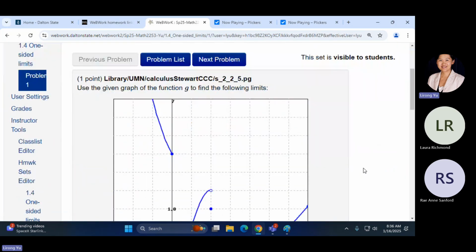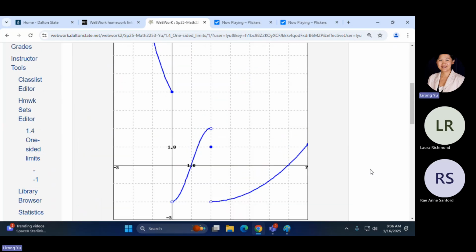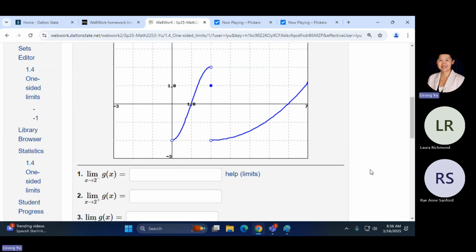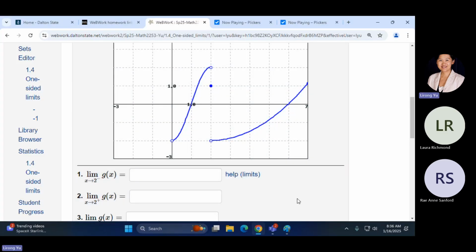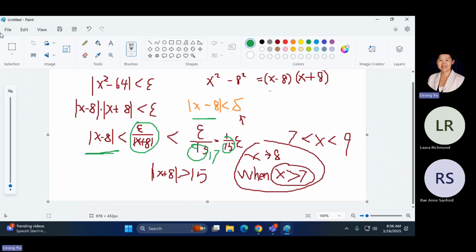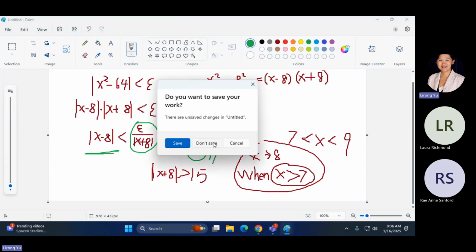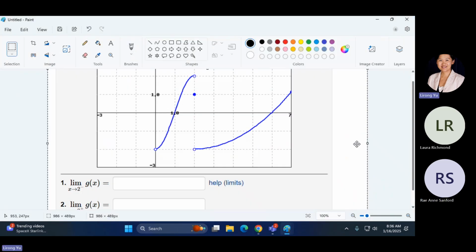Start with the first question. This question asks us to determine the limit, let's start with the first two questions. The graph is the graph of a function. The first question is for the limit of the function when x is approaching 2 from the left.